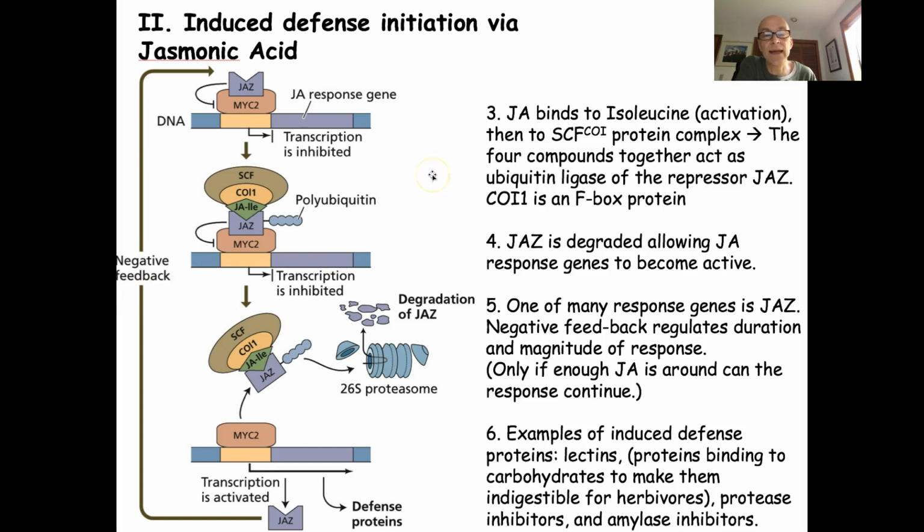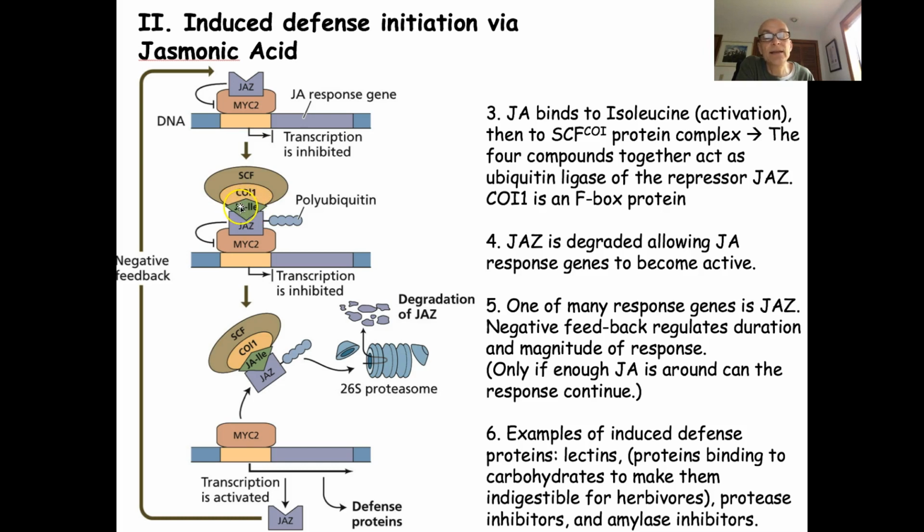So what does the jasmonic acid then do cellularly in order to transmit the perceived attack? For that, I have this transcriptional activation pathway that I want to discuss with you. So the next step is that jasmonic acid, this little green diamond, binds to an amino acid called isoleucine. When it binds to isoleucine, that activates jasmonic acid.